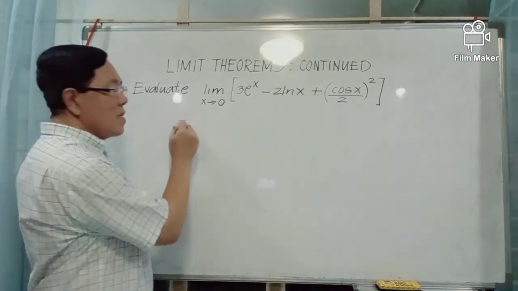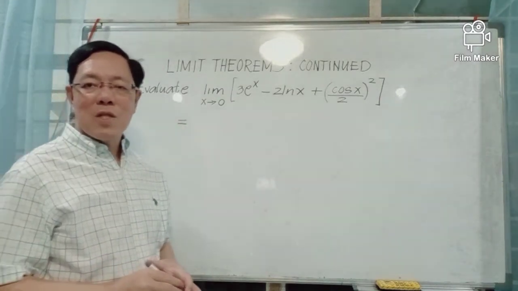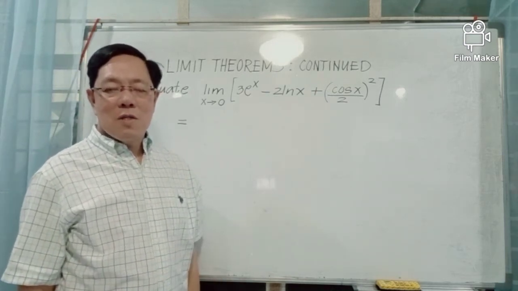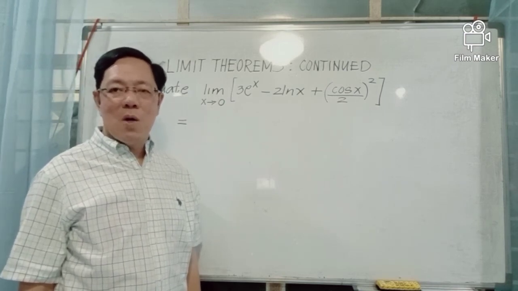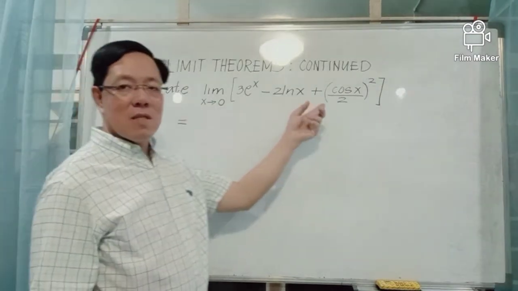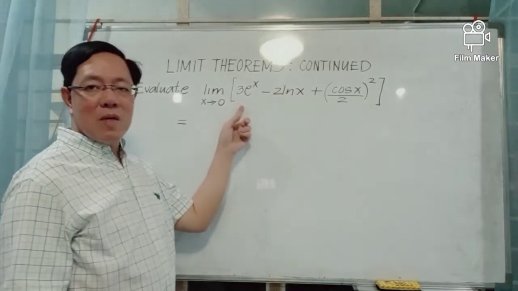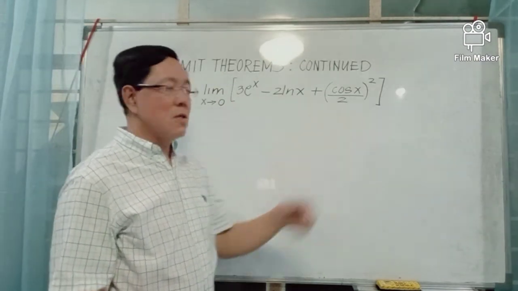And by limit theorem 6, that says the limit of a sum or difference of 3 or more functions is equal to the sum or difference of the limits of these 3 or more functions. Hence, the limit of this difference and sum is equal to the difference and sum of the limits of the first function, the second term, and the third function.